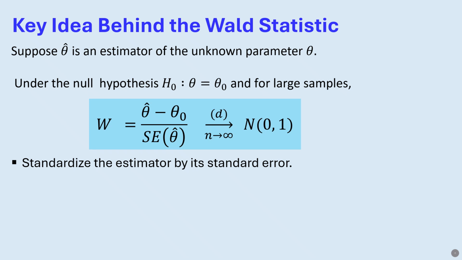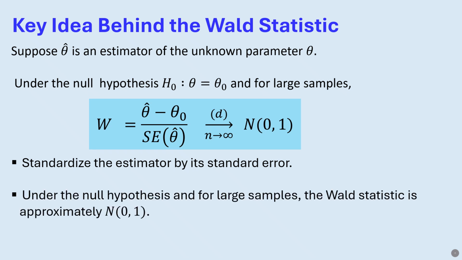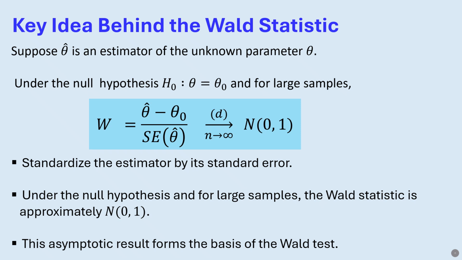The symbol D above the arrow means converges in distribution. In practice, this simply means that for sufficiently large sample sizes, the Wald statistic is approximately standard normal. This asymptotic normality is the key idea behind the Wald test. It allows us to compare the Wald statistic with critical values from the standard normal distribution and make statistical decisions.